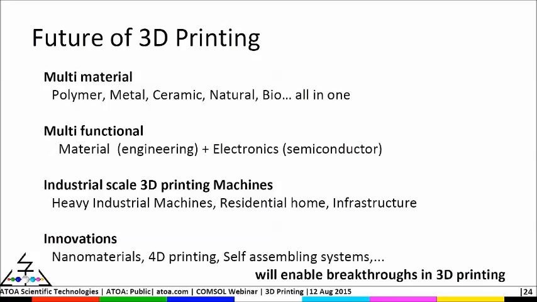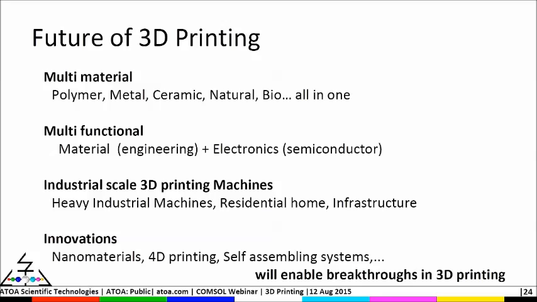Current products, if you see, are all printed at about a meter length scale. That's a maximum size. Mostly it's about 1 foot, but the maximum current 3D printers can print is at a meter length scale. That is not the scale where most real world engineering structures are.